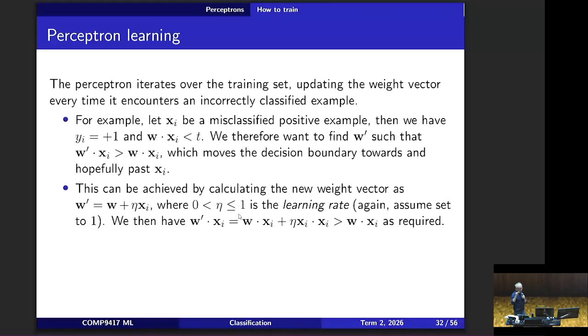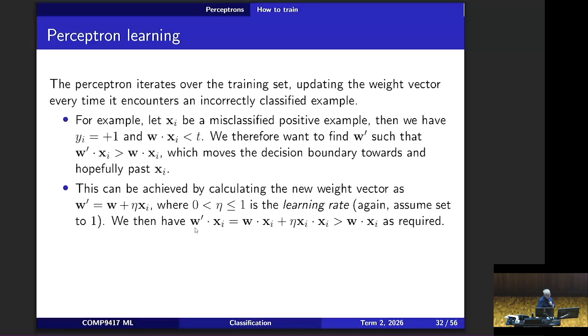A quote-unquote good value of the learning rate in machine learning is nearly always set empirically. There are some theoretical ways in which you can supposedly derive an optimal learning rate, but in practice it's something that you would determine empirically. So I'm really not going to worry about it. In fact, I'm usually going to assume in today's presentation that it's simply 1. Right, so assume it's set to 1.